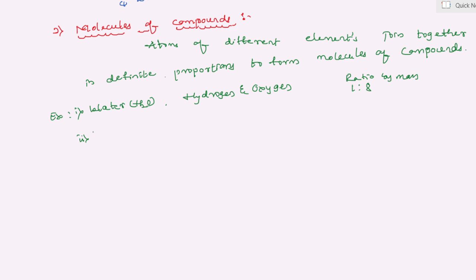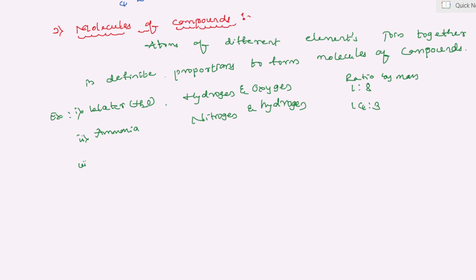Let's take another example. Second example, ammonia. Nitrogen and hydrogen, 14:3 by ratio by mass.